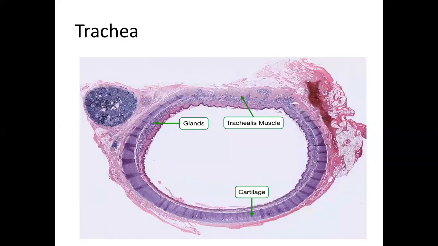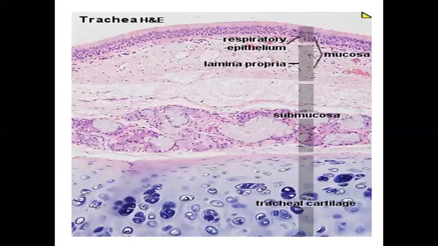The diffuse neuroendocrine system, which we abbreviate as DNES. Okay. So we have goblet cell, ciliated columnar cell, basal cell, brush cell, serous cell and diffuse neuroendocrine system. Okay. These are the 6 types that are located within the respiratory epithelium.